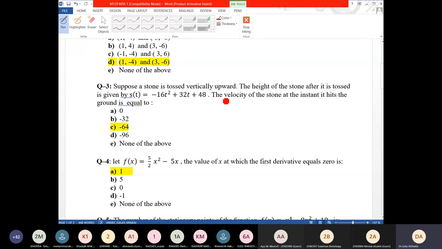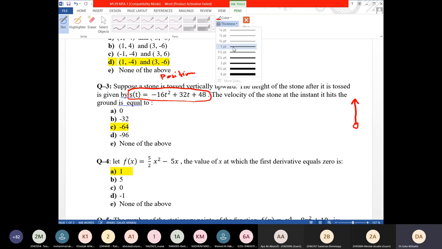I already sent this to you before from the last quiz. I'm tossing the stone upward, throwing it up there. The height of the stone after I toss it is given by this relation. This is the S of t, the position function.